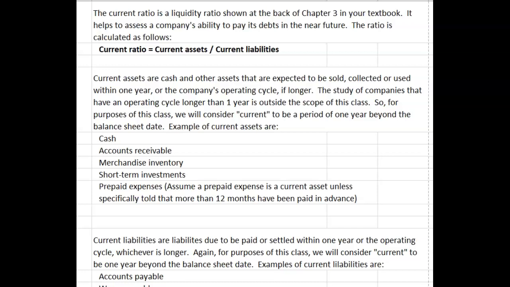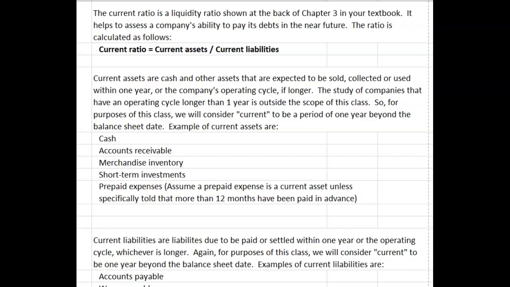The study of companies that have an operating cycle longer than 1 year is outside the scope of this class, so for purposes of this class, we will consider current to be a period of 1 year beyond the balance sheet date. Examples of current assets are cash, accounts receivable, merchandise inventory, supplies, short-term investments, and prepaid expenses.